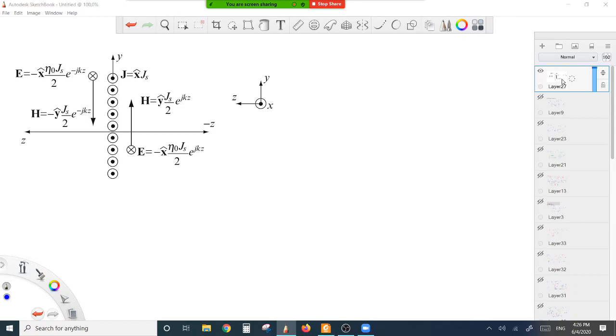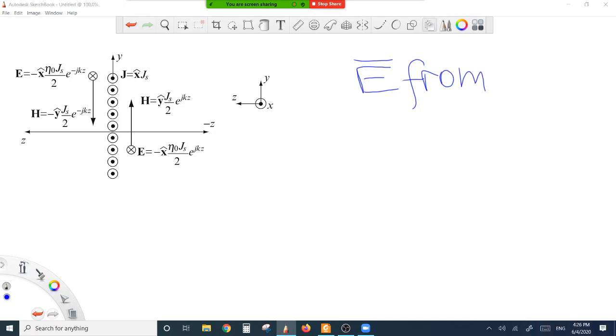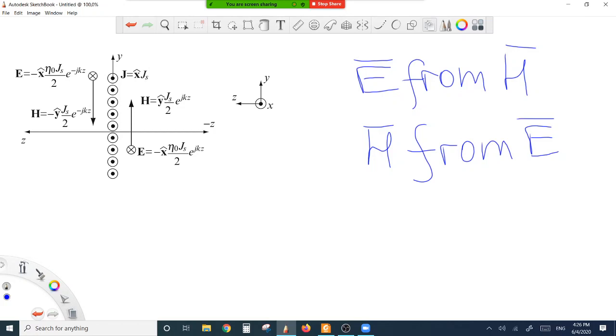So now we know how to write electric field from magnetic field, or vice versa. We know how to write a magnetic field from electric field.